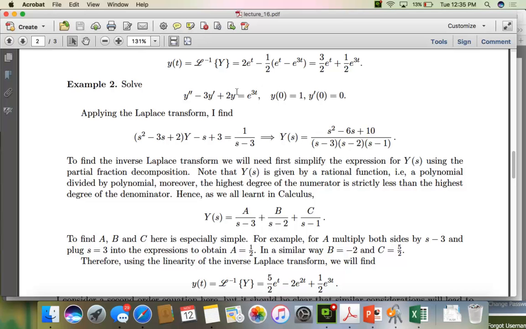On the right-hand side, we have e to the 3t again, so that comes in as 1 over s minus 3. Now we see we have Y(s) here all by itself, so we algebraically solve for Y(s), and when we do that, we get the following expression.